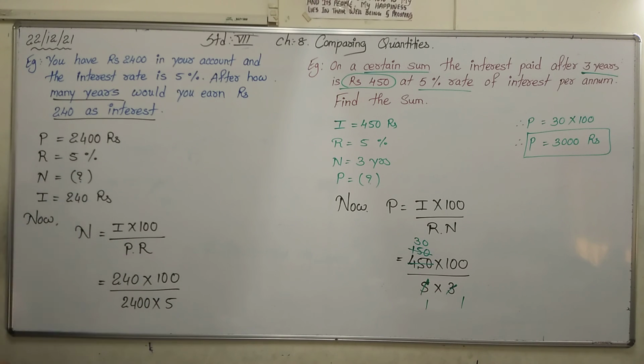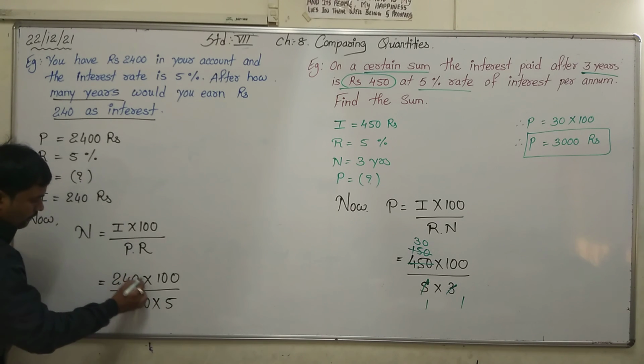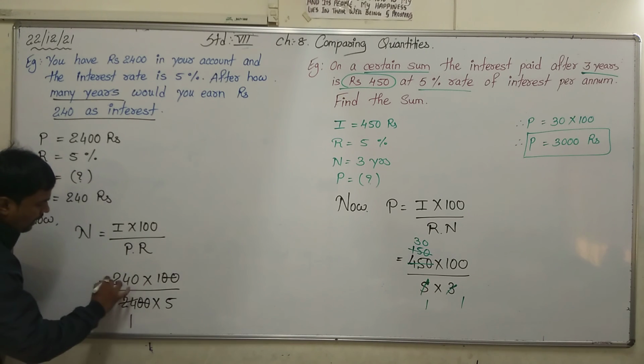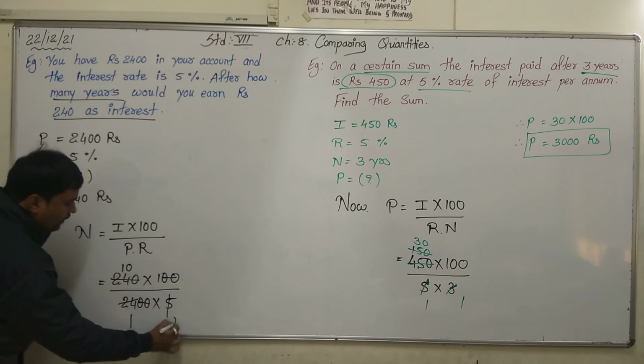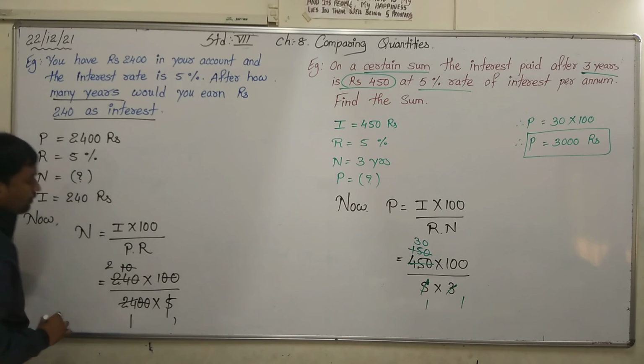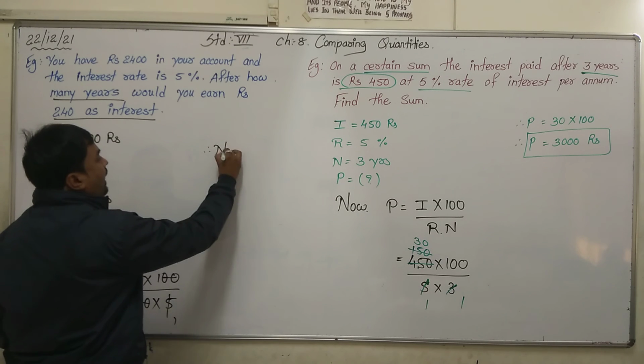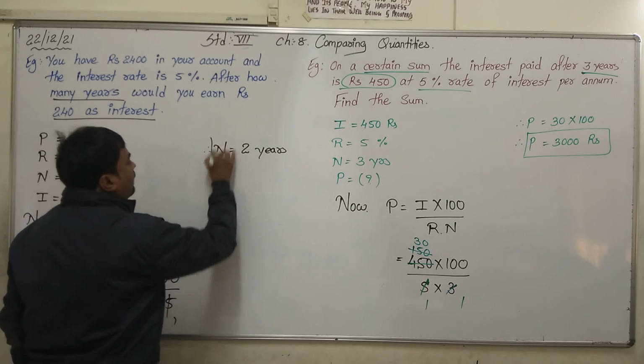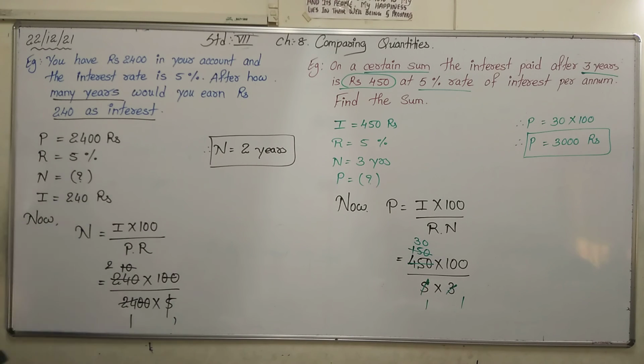Cancel the zeros. 24 ones are 24, 24 tens are 240, 5 ones are 5, 5 twos are 10. Therefore N is equal to 2 years. And for how many years do we have to do this? 2 years. Are you getting it? Do you understand?